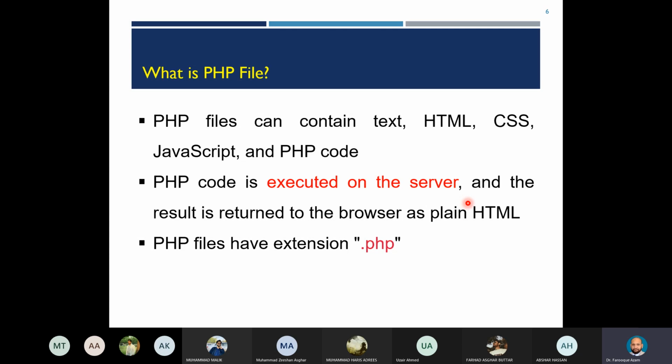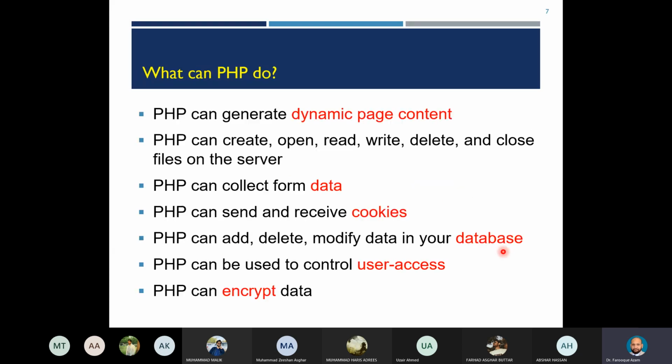It will take all that. PHP code is executed on server and result is returned to the browser as plain HTML, and PHP file have extension .php. What can PHP do? PHP can generate dynamic page content.